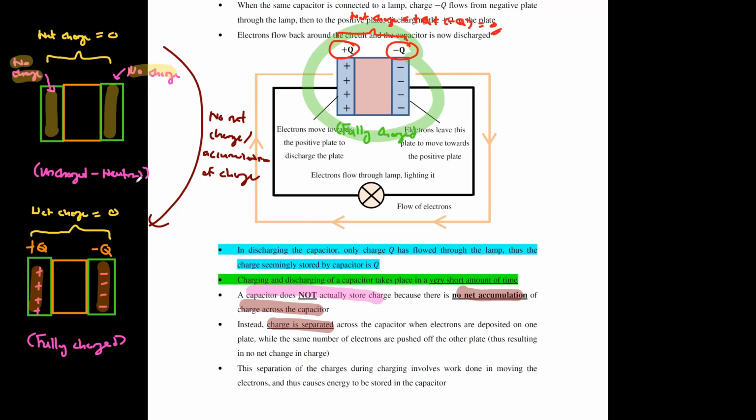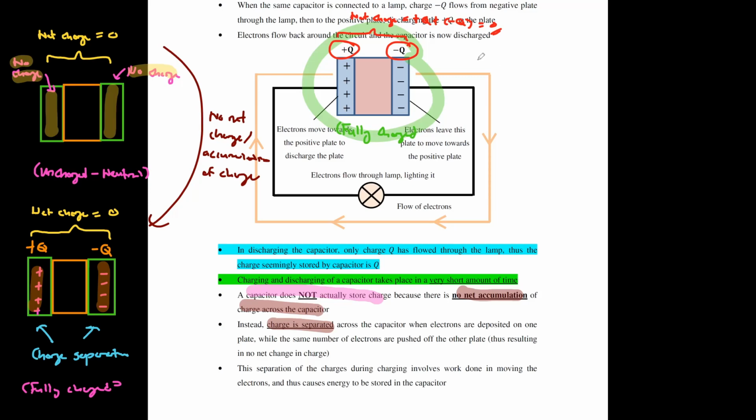Maybe I should draw it out for you. Let me write something here. This one here is your charge separation. Once you have fully charged your capacitor, you notice there's charge separation. Positive is on one side, negative is on the other side.